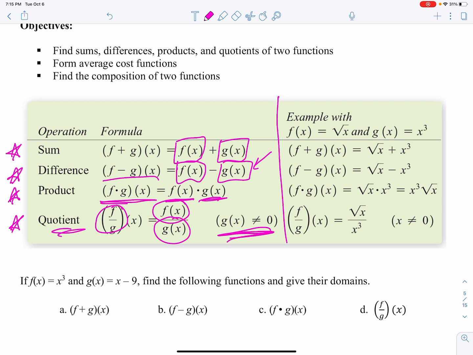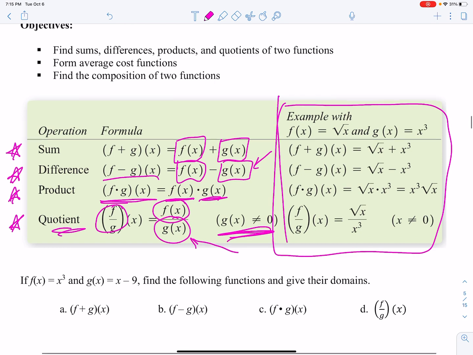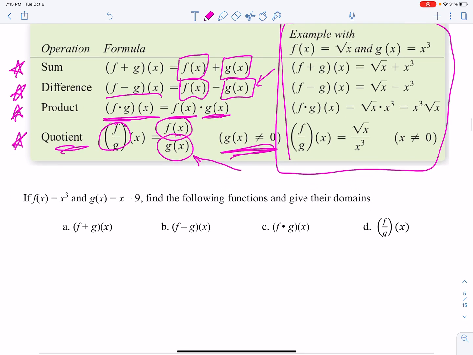Remember back when you took your high school algebra classes or any algebra classes you've taken, we're not allowed to have a 0 in the denominator. So if g of x equals 0, then you cannot divide. Okay? All right, and here's just some examples of what that looks like, but we're going to do a written example right here. Okay, so again, make sure you know those rules. They're actually all pretty easy. Just the quotient one, the division one's the one you got to watch out for. Make sure you don't have a 0 in your denominator.